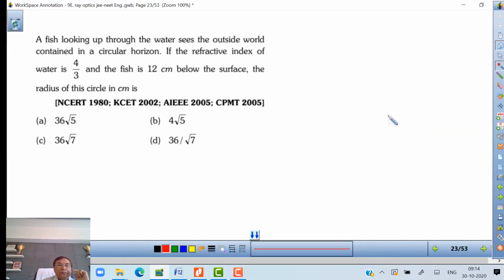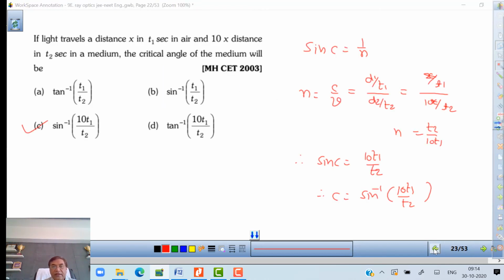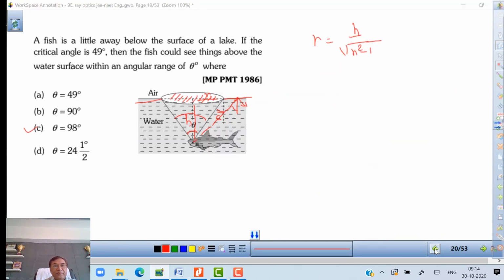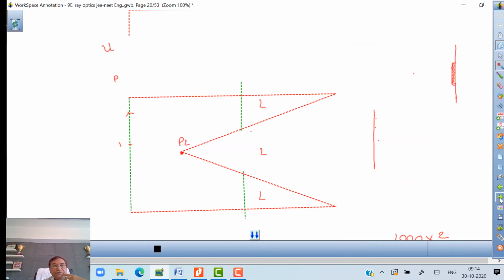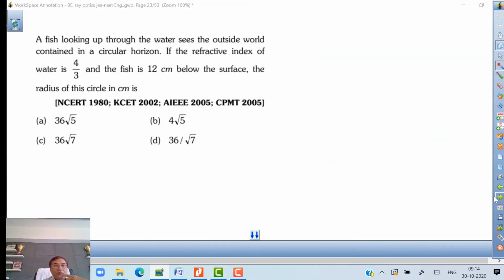A fish looking up the water sees the outside world containing a circular horizon. If the refractive index is 4/3 and the fish is 12 cm below the surface, the radius of this circle is? What we discussed last is very similar. Here the height is given as 12 centimeter. The fish is below, this is h.